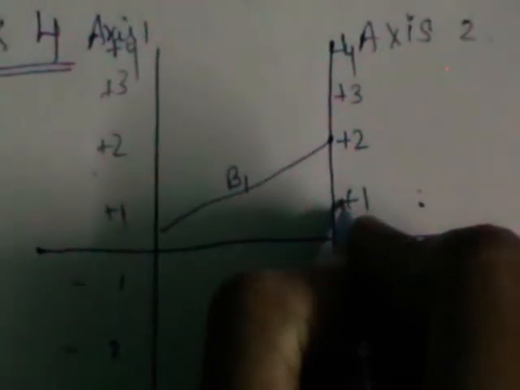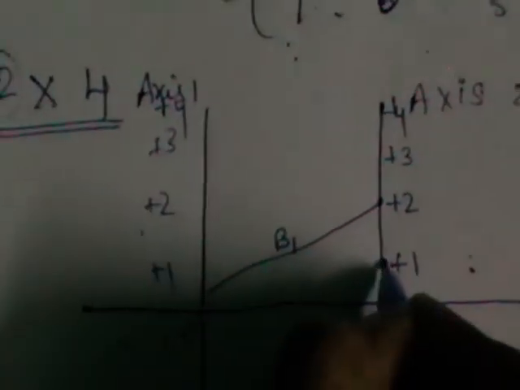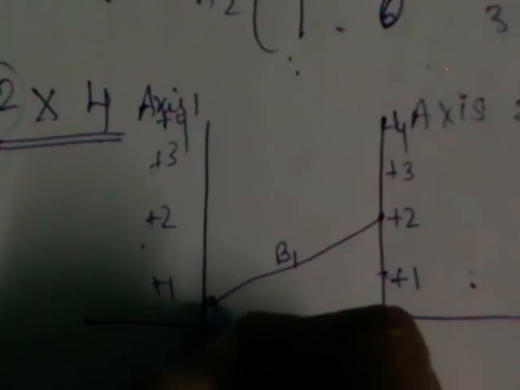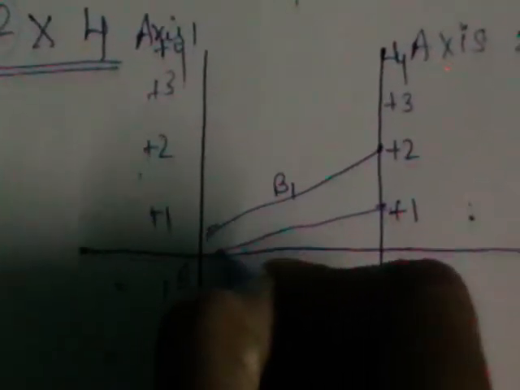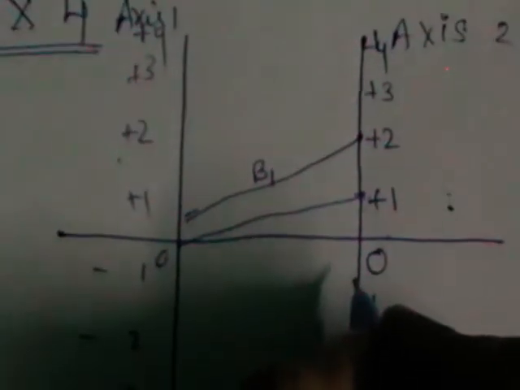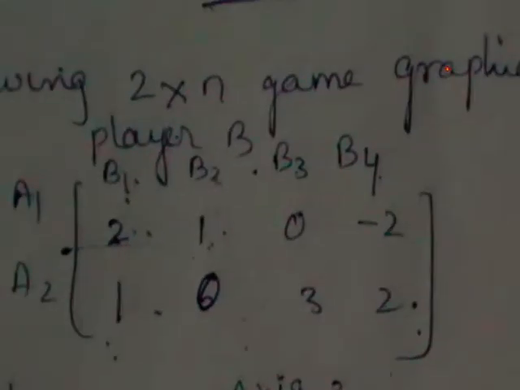What is the second one? B2 is 1 to 0. I think from here, this is 1 to 0, this one. Okay, what is the next strategy you have? 0 to 3.